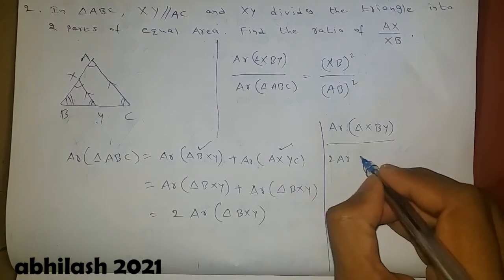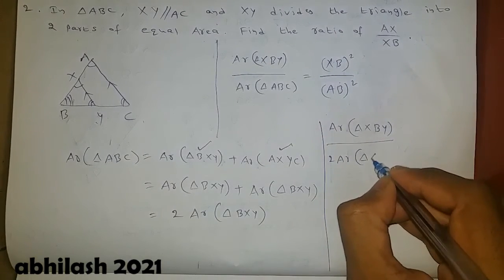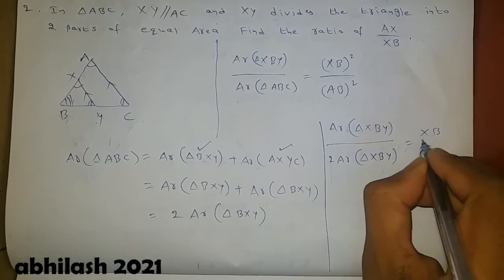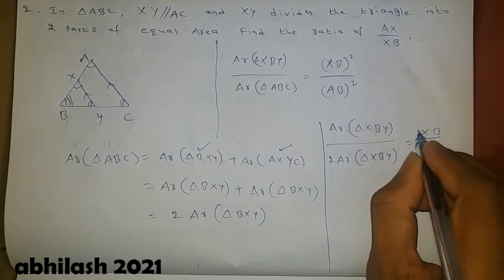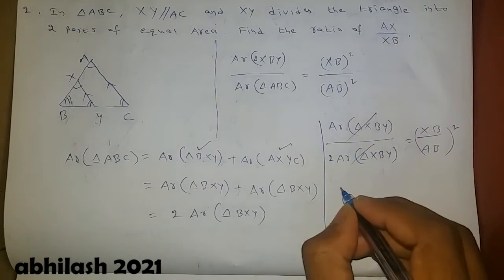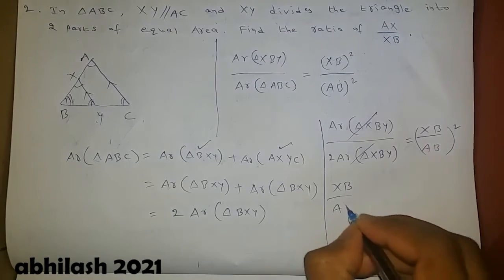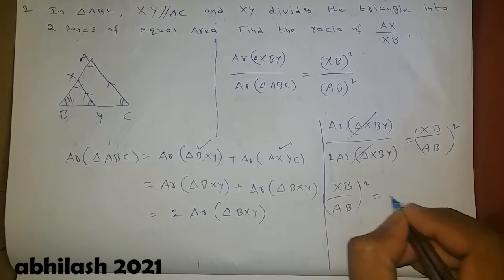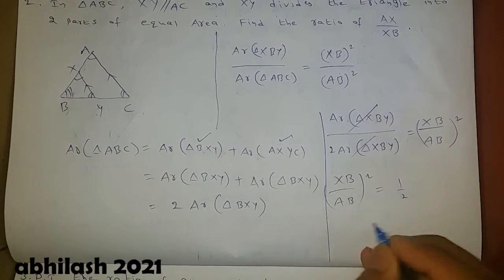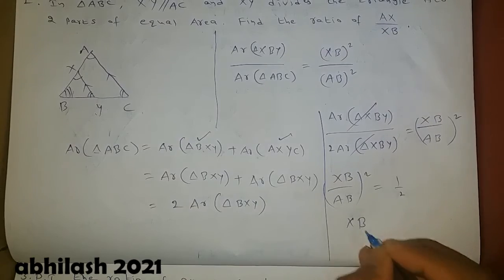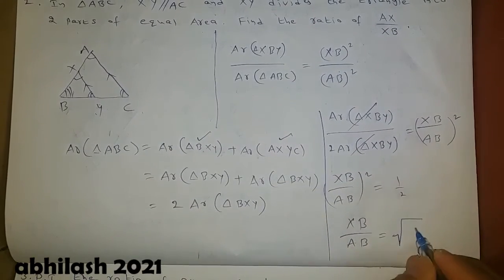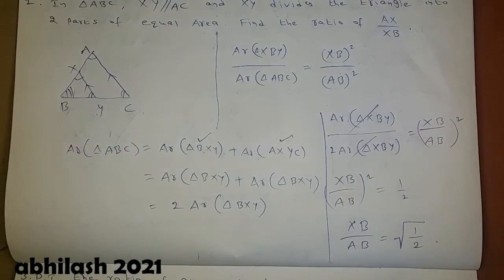So 2 times the area of triangle XBY is equal to XB by AB whole square. These two will get cancelled, so we remain with XB by AB whole square is equal to 1 by 2. Now if we remove this square, the square root goes to the right side. So we will get XB by AB is equal to under root 1 by 2.